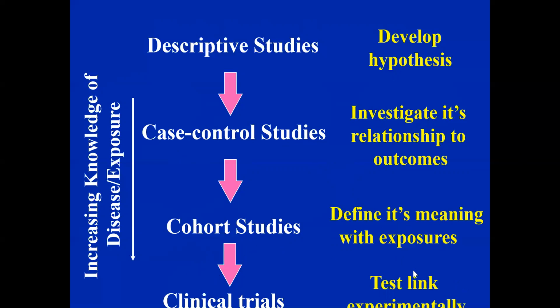Then clinical trials, where we are now testing experimentally whatever relationship we might have found. As you go down here, we have increasing knowledge of the relationship of disease and exposure, or outcome and exposure. That's why I say clinical trials are the gold standard for understanding the relationship between outcome and exposure, because there's randomization and they test things together.